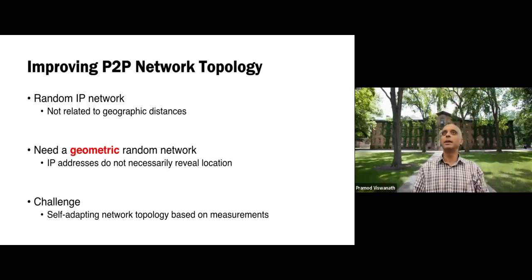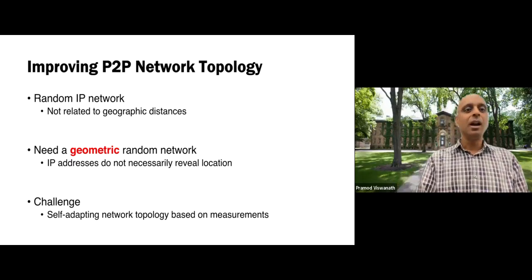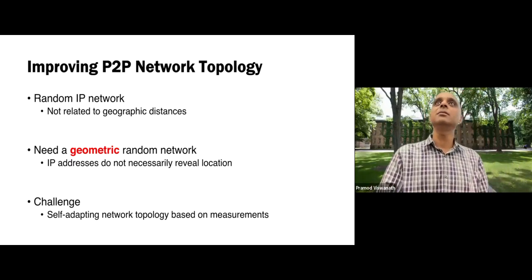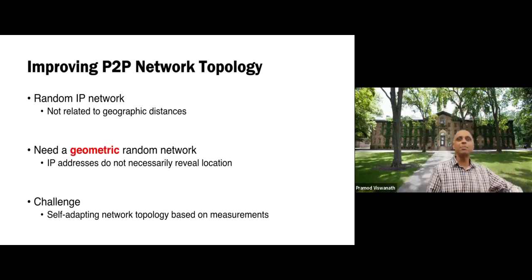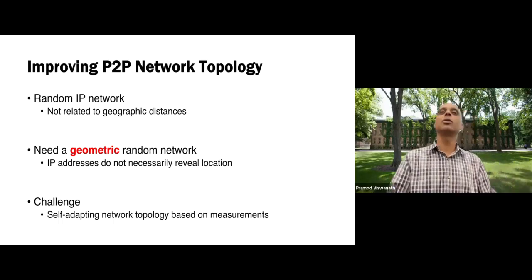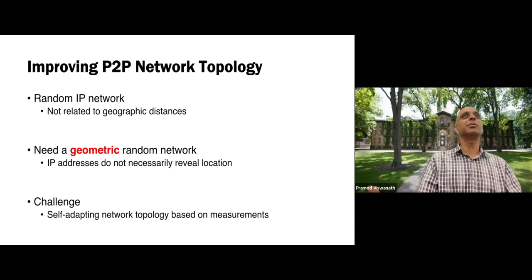Geometric refers to being respectful of the underlying geography. IP addresses don't necessarily reveal location, especially behind VPNs. Then you want a self-adapting network topology that adapts and learns who is close by, and yet is robust, so you can do faster propagation this way.